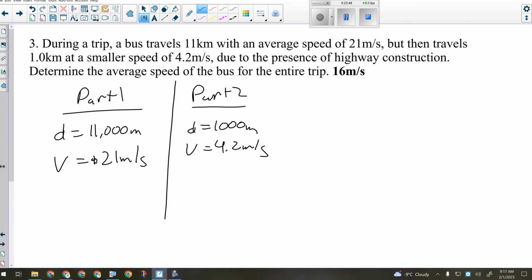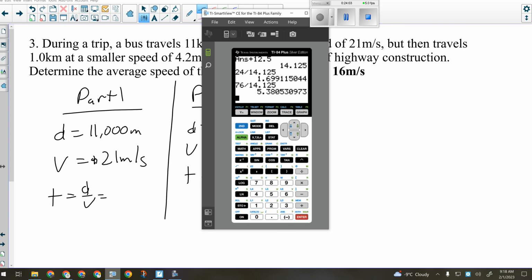Time. I don't have the time for either part, so I'm going to do a quick calculation of d over v to get my times. We'll have 11,000 over 21. That's 523.8.